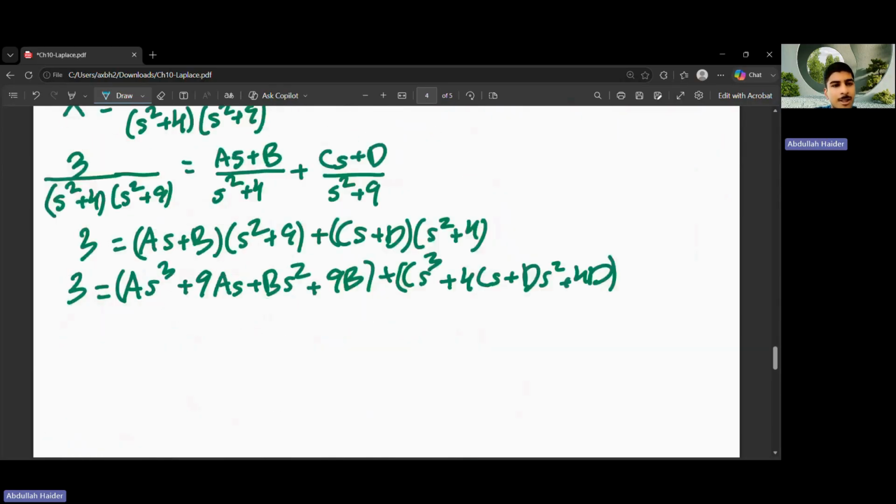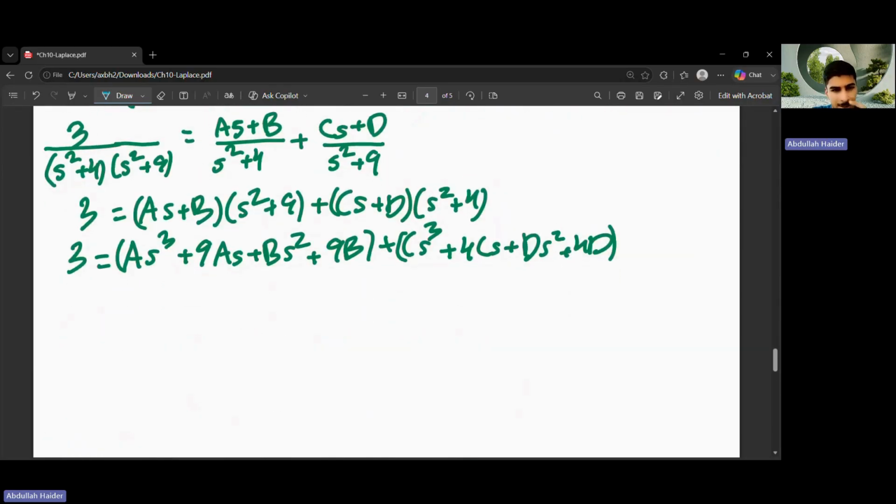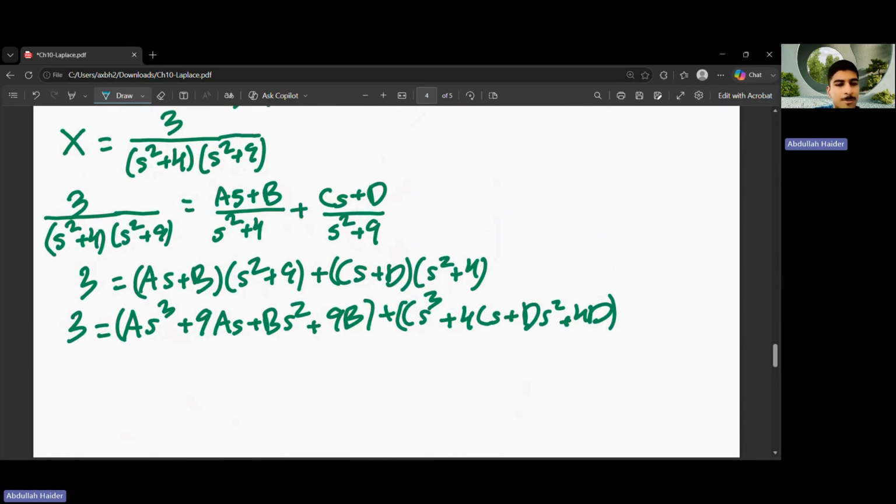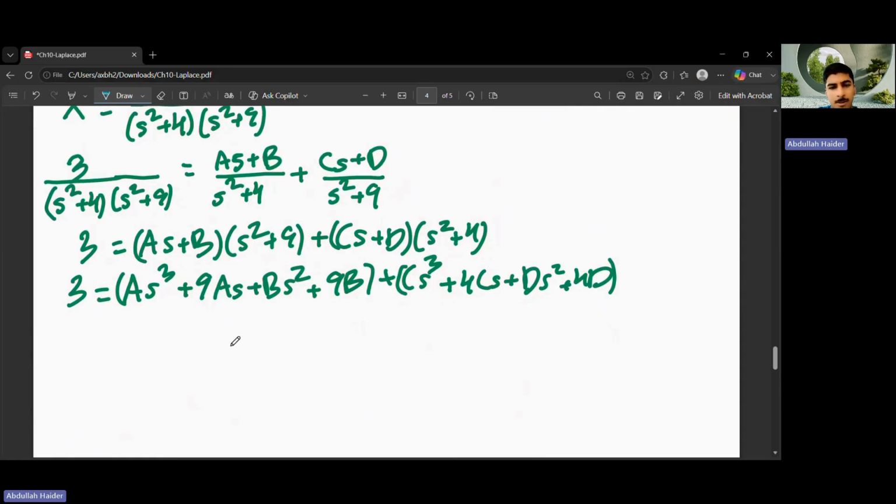But in this case, first of all, it's not possible since s squared plus 4 cannot be 0, and s squared plus 9 cannot be 0. So our only option is to compare the coefficients on both sides.